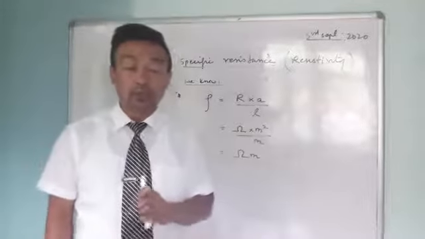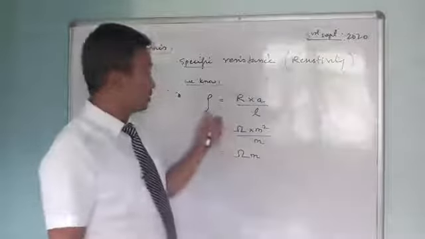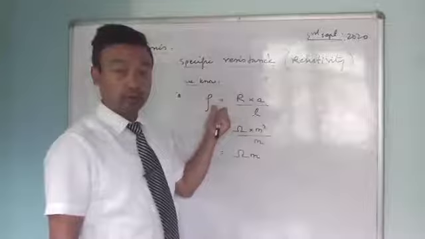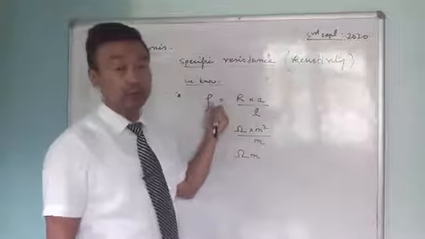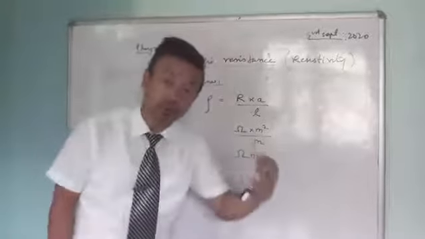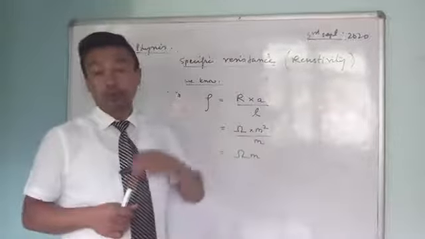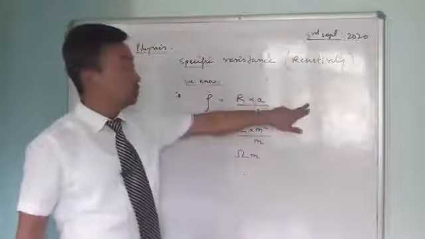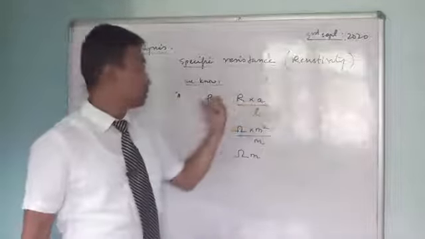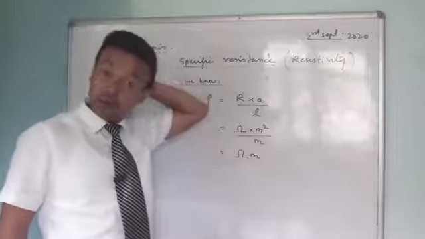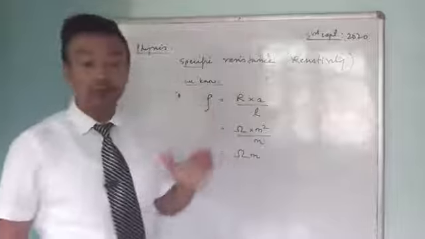And another factor on which it depends is the temperature. But here we have specific conditions. It is not that the specific resistance is directly proportional to the temperature. With different materials, when the temperature is increased, the specific resistance may decrease, or when the temperature is decreased, the specific resistance may increase.